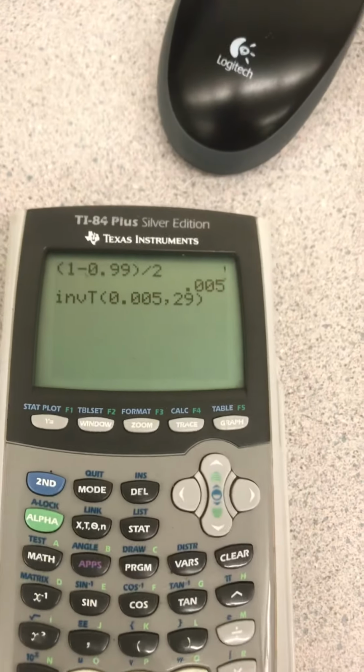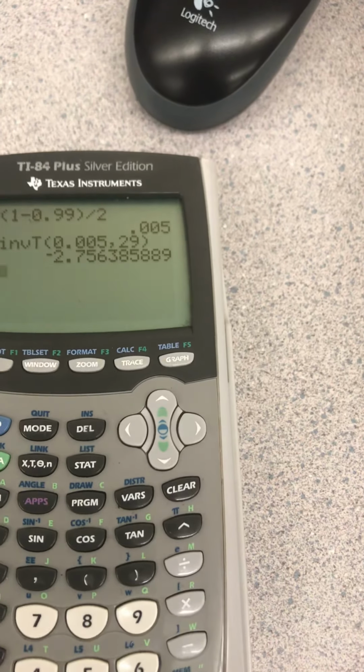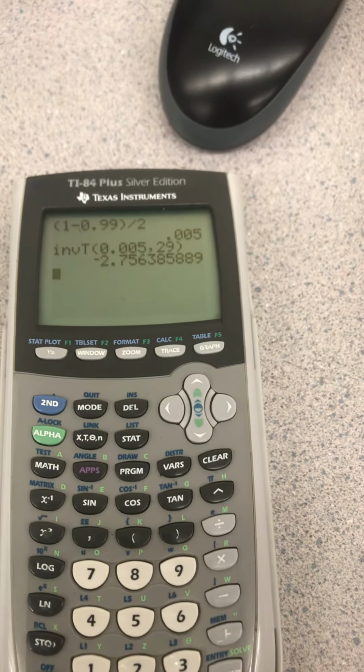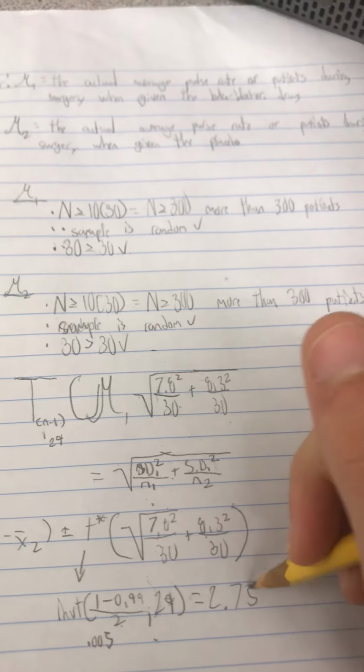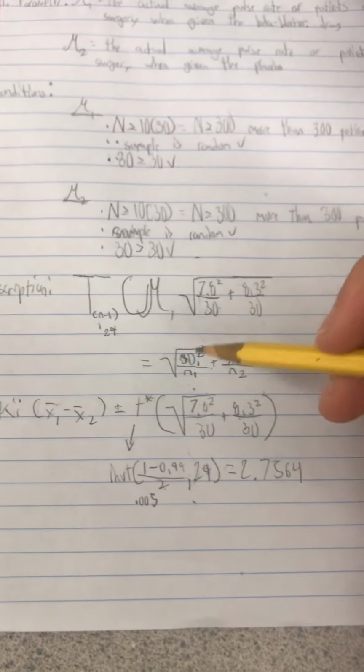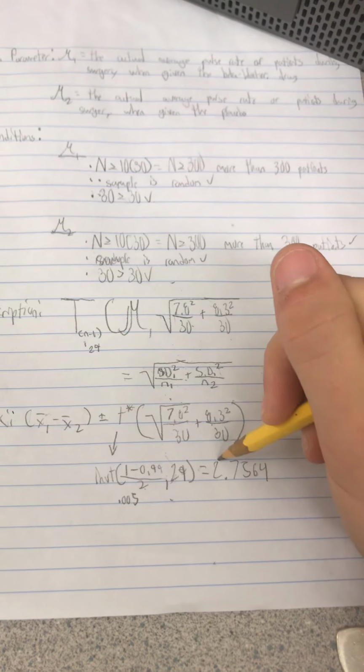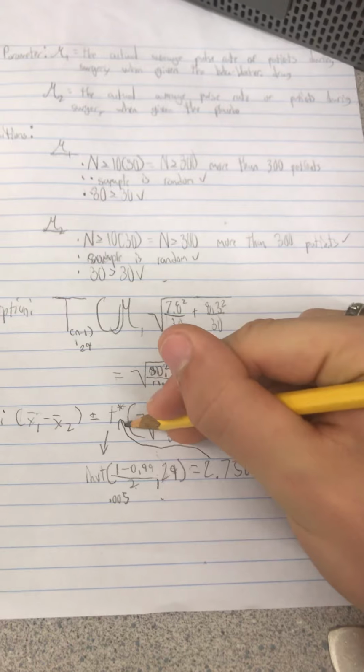And then you would get 2.7564, rounded to the fourth decimal, and you take out the negative. So, 2.7564. Okay, so you just put that. That goes with that right there.